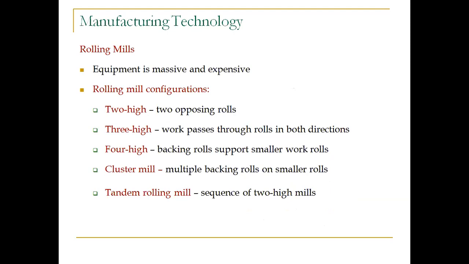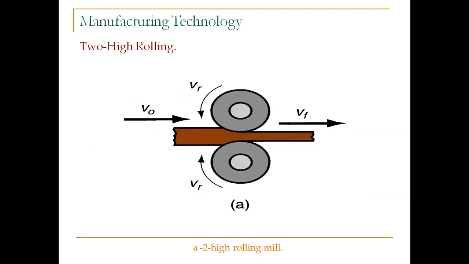In case of two high rolling mill, there are two rollers which move in opposite directions. But in three high rolling mill, work passes through rolls in both directions. In four high rolling mill, a larger backup roll supports a smaller work roll. In cluster rolling mill, multiple backing rolls support a small work roll. Tandem rolling mill is a sequence of two high rolling mills.